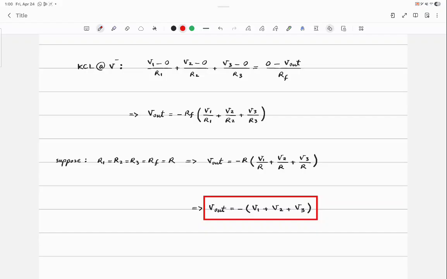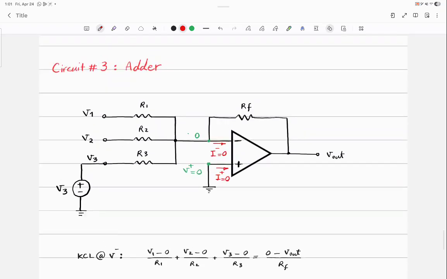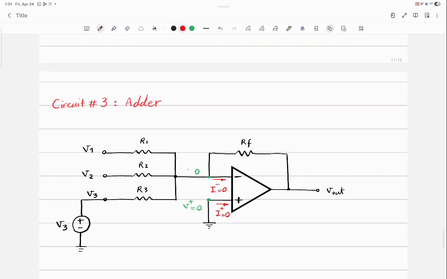So if you forget the negative sign, is there anything interesting about this expression? Sorry? Exactly. So what do you suggest we call this circuit? Adder, right? Adding is one of the four principal operations, right?